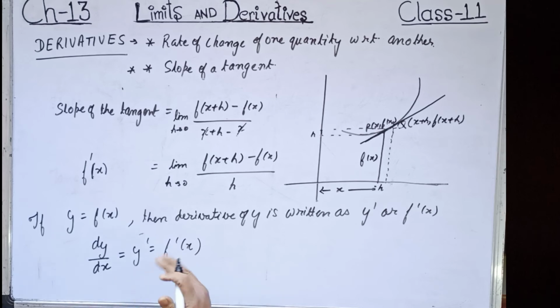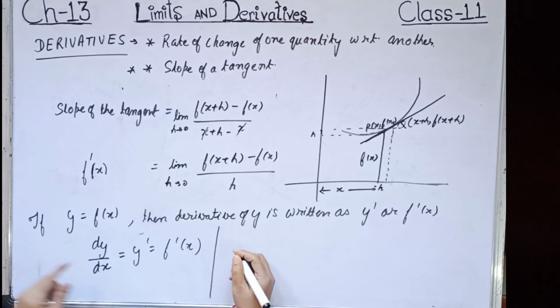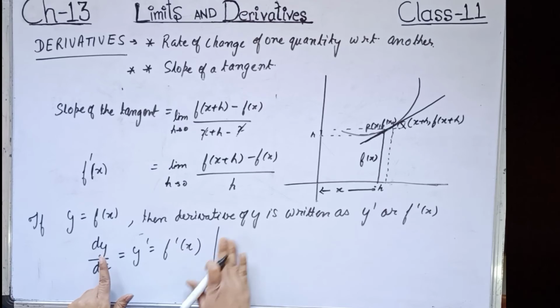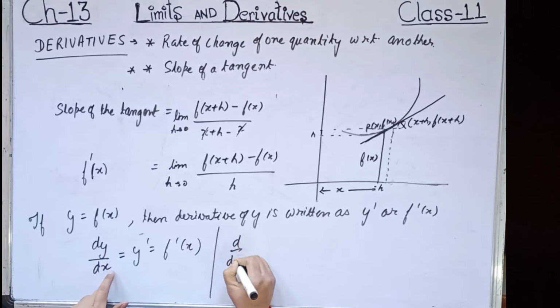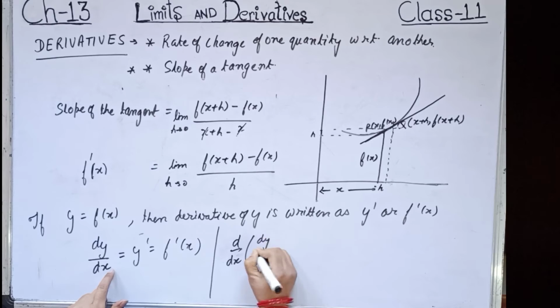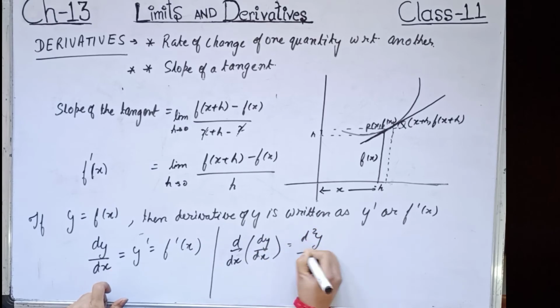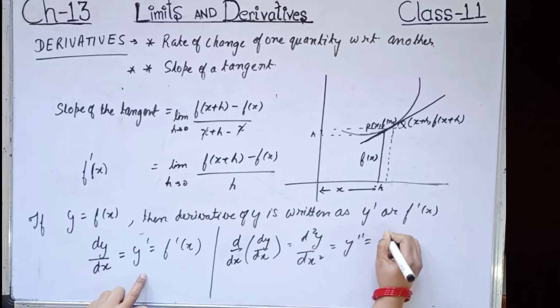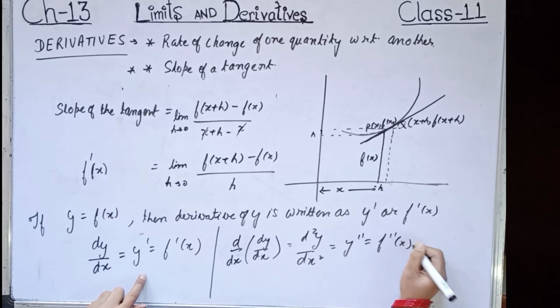Now if we differentiate it again, this first time is the first derivative. If we differentiate it a second time, then we can write d by dx of dy by dx, which we write as d2y by dx2, and this we can write as y double dash or f double dash x.